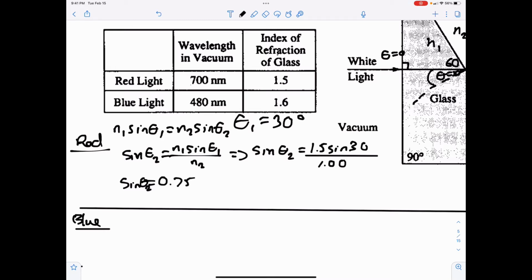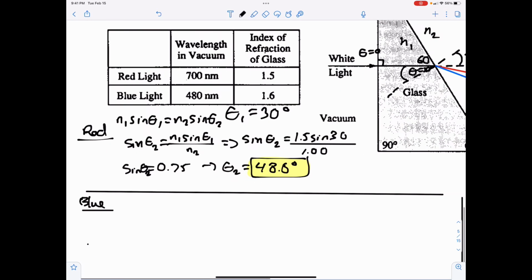And if we take the arc sine of 0.75, we get roughly that theta 2 is about 48.6 degrees. Now, the blue one's going to be very similar. Sine theta 2 is equal to n1 sine theta 1 over n2. So this time we're going to go 1.6 is n1.